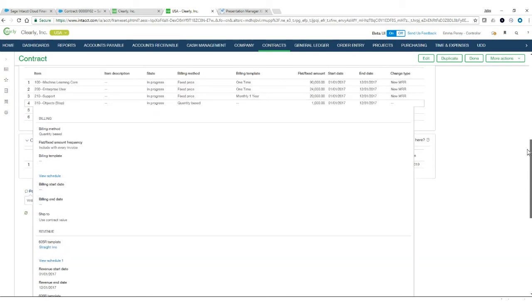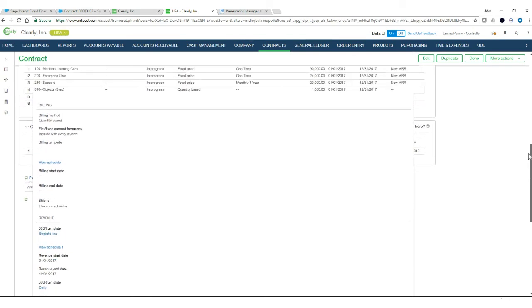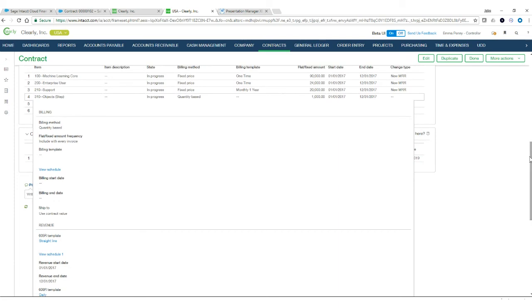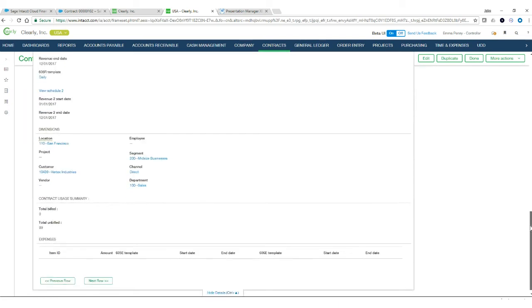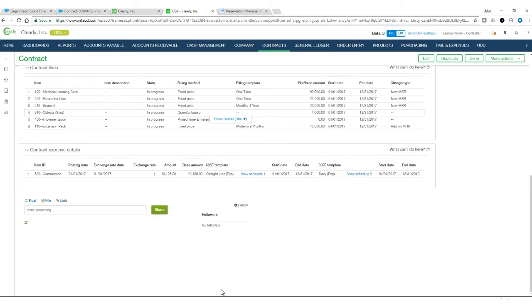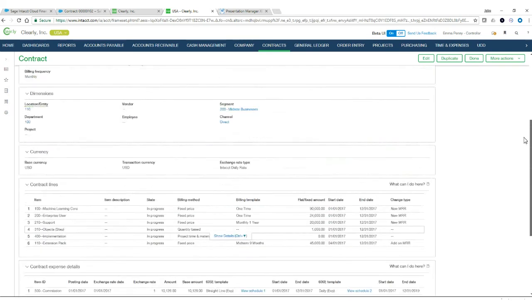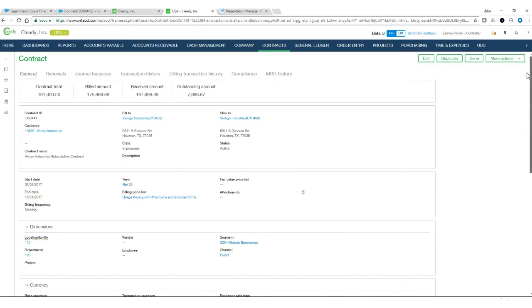How is it that we're going to manage the different components of each individual line item as it lands on the contract within Intacct? We'll see in a moment how this all comes together for functions such as invoicing, but while we're sitting here, we'll see that all of those different events are going to be tracked for us in detail underneath the contract.